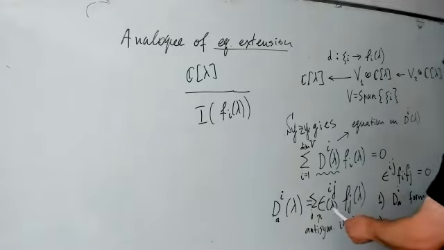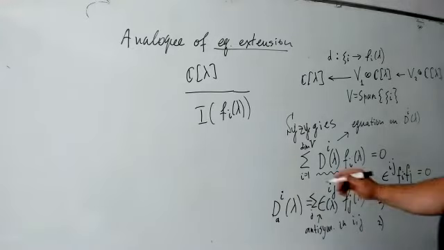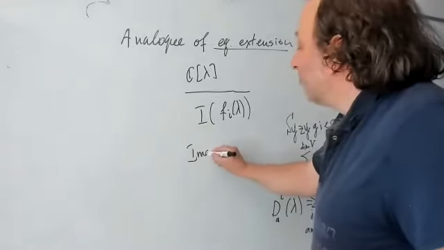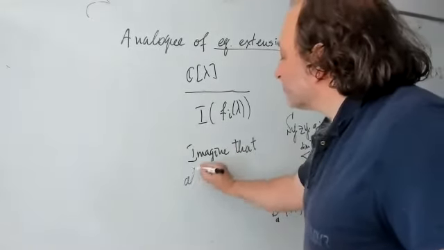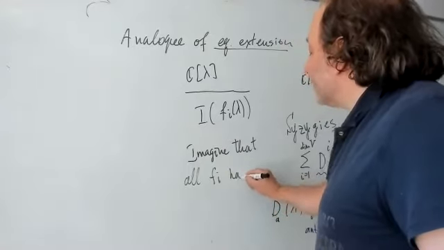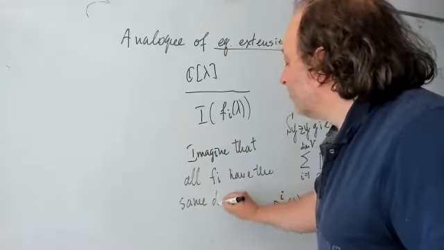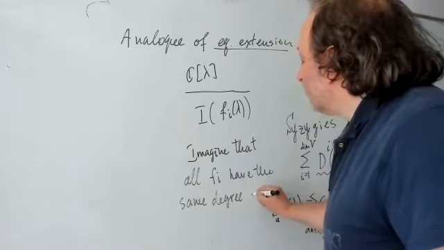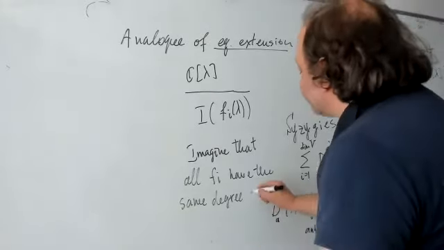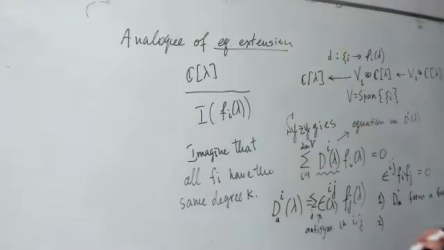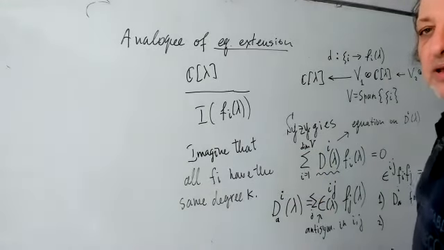Just imagine that all f_i have the same degree. Let me call it degree k. In the case that we will consider, this k seems to be 2.